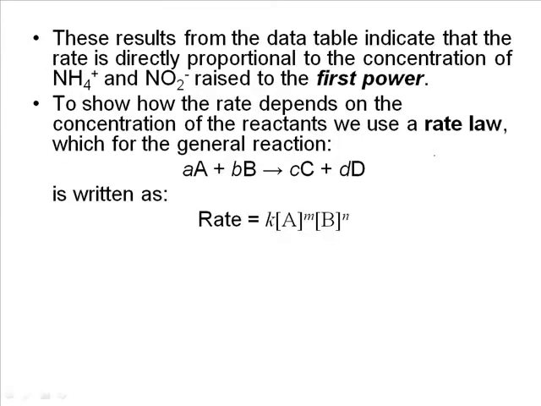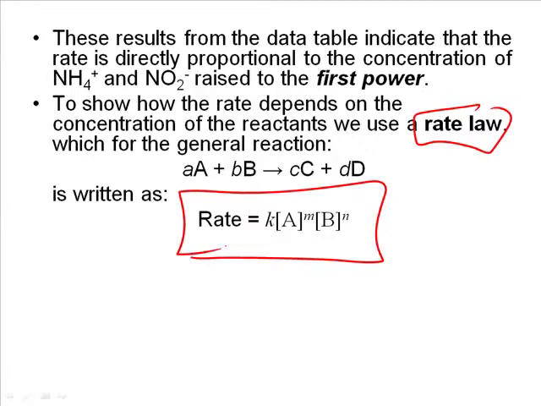So what we do is write what is called a rate law. This thing right here is called a rate law, and it is a law that is used to find the rate of the reaction. Notice a couple of things here. A is the concentration, notice the square brackets, of whatever the first reactant is. And then B is the second reactant with the square brackets.